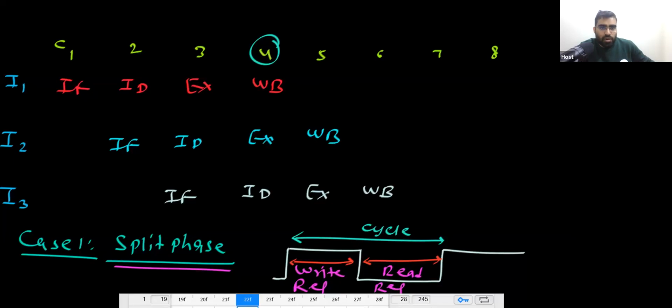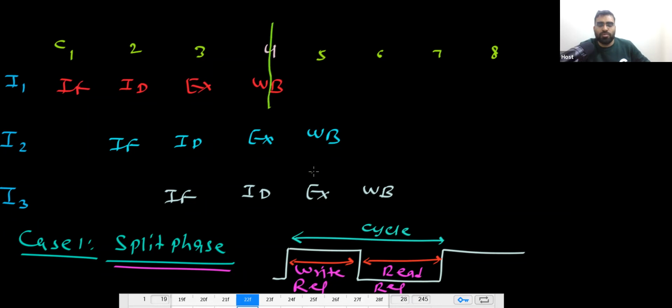So I told you something beautiful: whenever you have this diagram, you can denote split phase like this, showing that your data is available here. This is just our trick, this is Go class's secret.